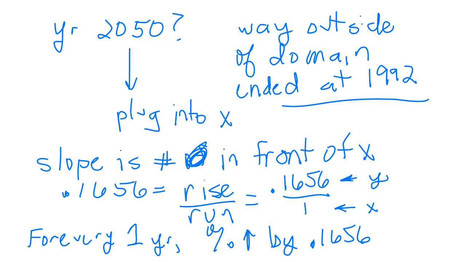So positive means increase, negative means decrease. So for every 1 year at the bottom, the Y changes by 0.1656. So the percent of workers paid hourly rates changes by 0.1656. Okay, so that covers that whole example.